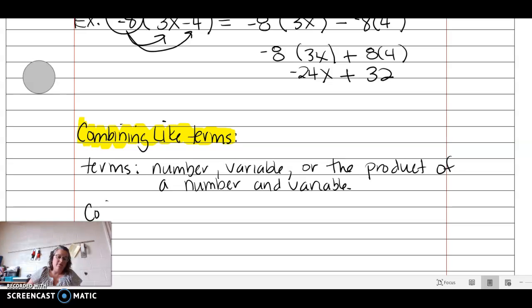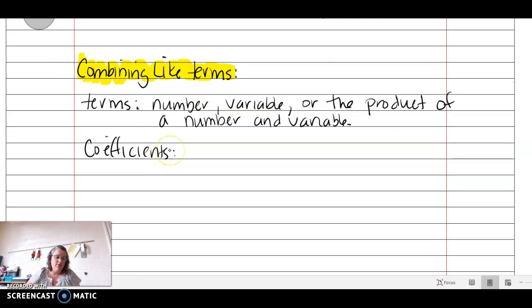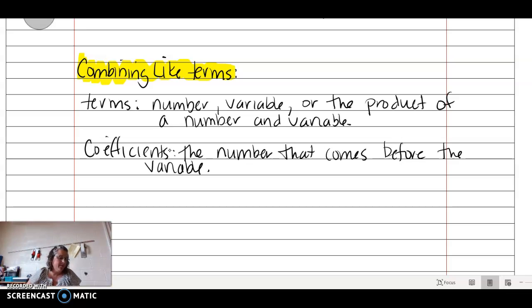We're going to talk about coefficients. Okay, so a coefficient is the number that comes before the variable in each term.